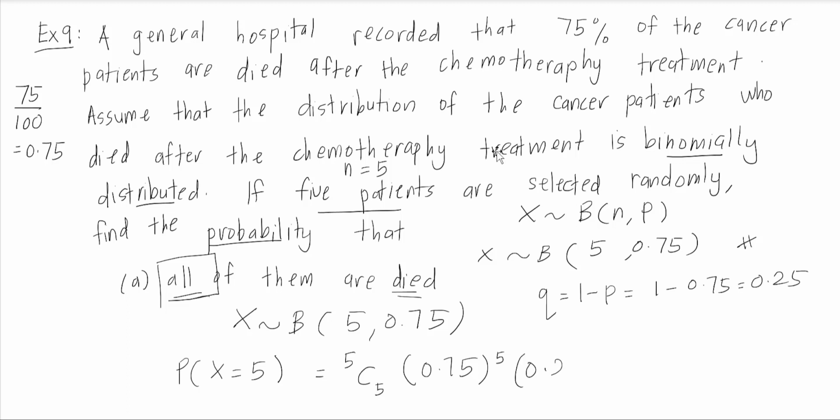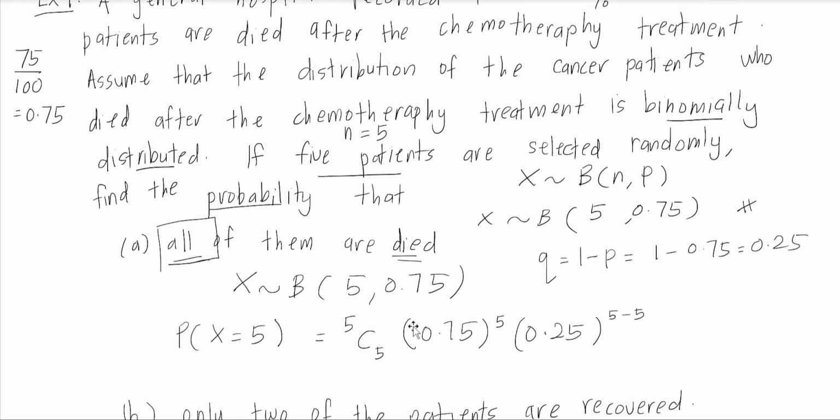Then N minus X: N is 5 and our X is 5. So what do we get? After we calculate using the calculator, we get 0.2373. So this is our answer.